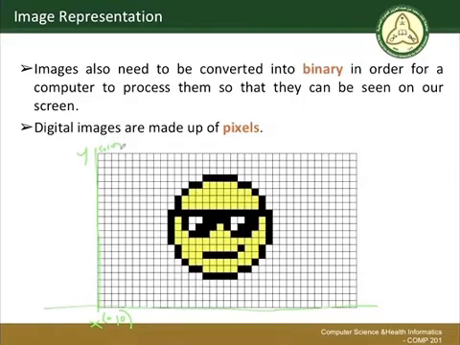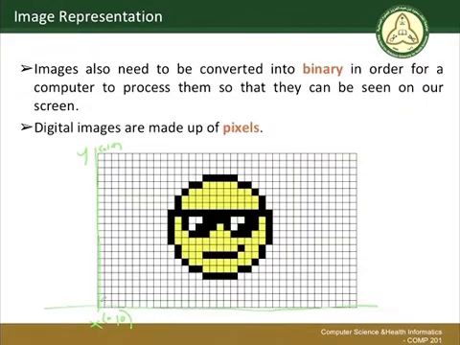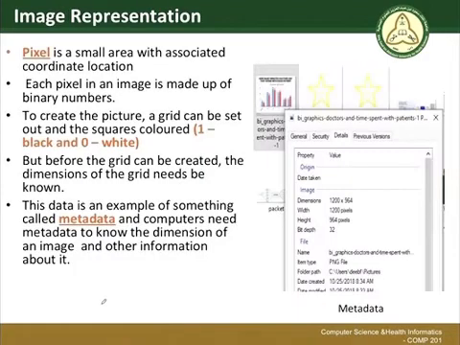But anyway, this is related to programming, but this is the idea of what they mean by the coordinate location. It's this part, this is a pixel, this is a pixel. Each of these squares is considered a pixel, and they have a location with X and Y, if it's a 2D picture.